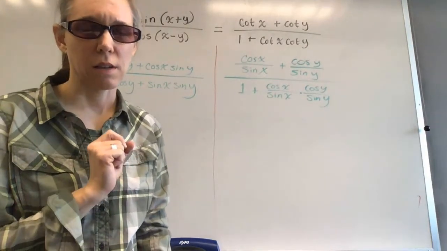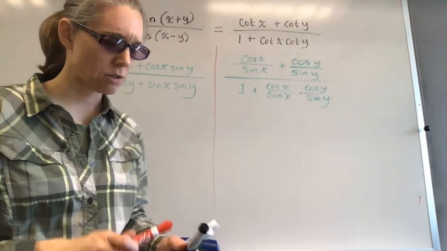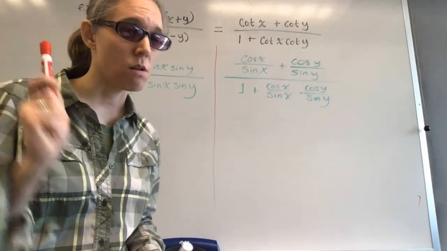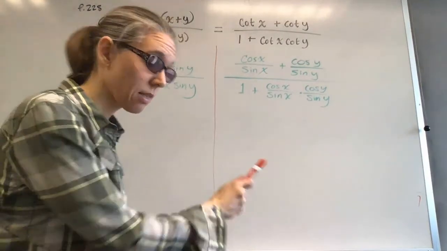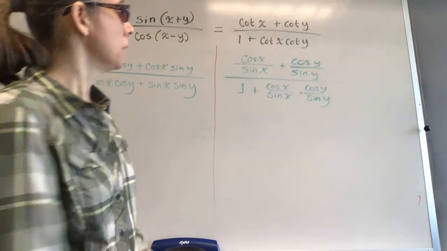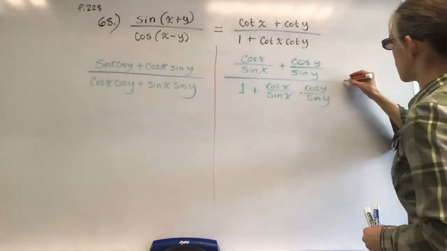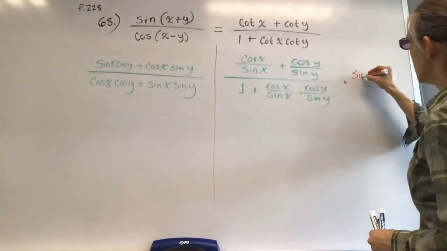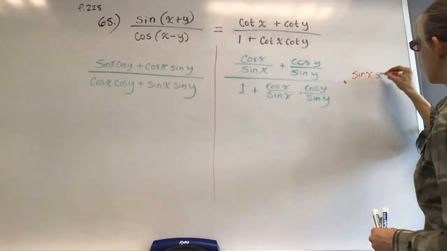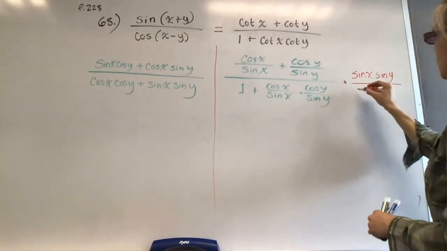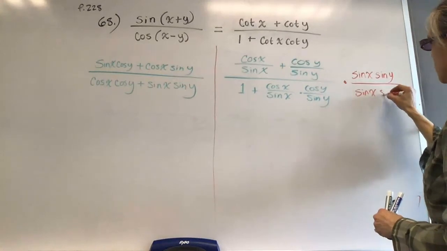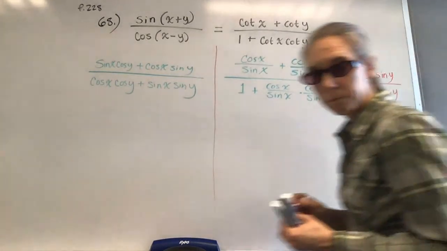It's easy to leap to conclusions, and they may seem correct, but are not correct. So we should not take anything lightly. Obvious is a dangerous word. Sine x, sine y over sine x, sine y.